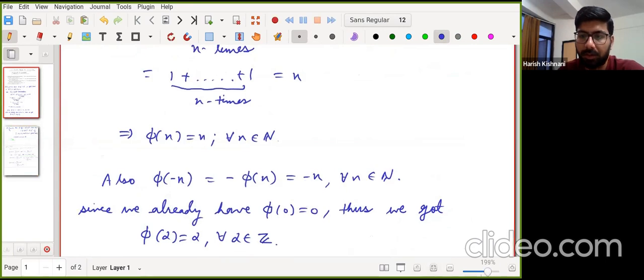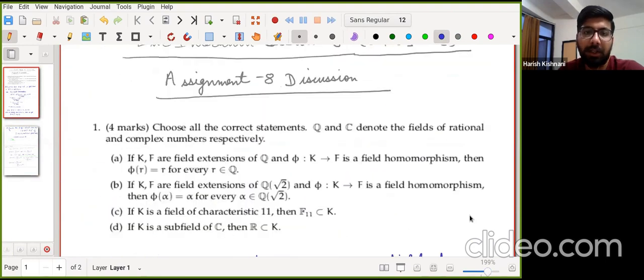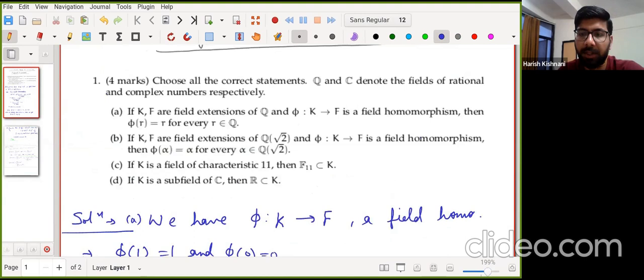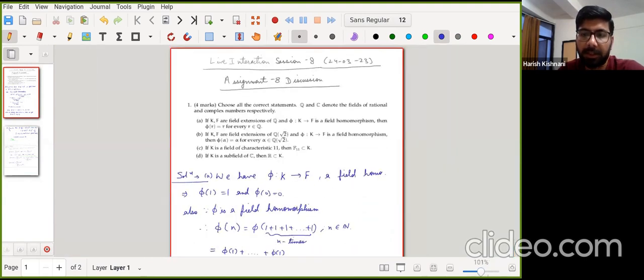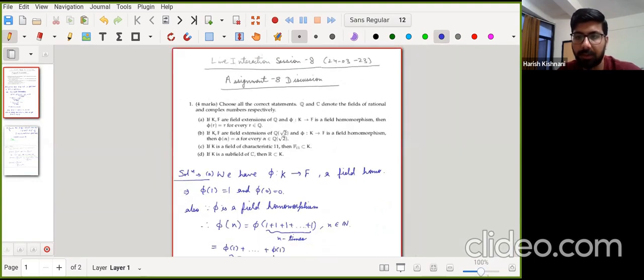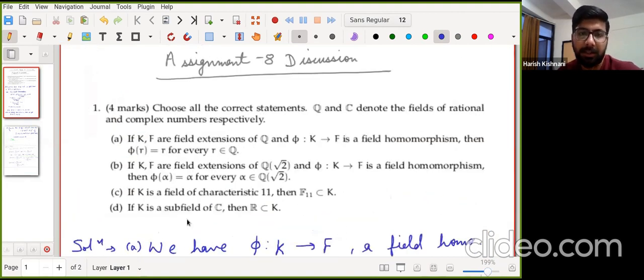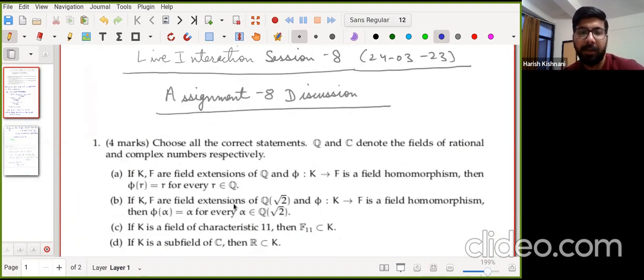So in part A, we saw that if there are two field extensions of Q, then for each field homomorphism, the field Q is being fixed. Now part B says that if K and F are field extensions of Q(root 2), then phi(alpha) is equal to alpha for every alpha belonging to Q(root 2).